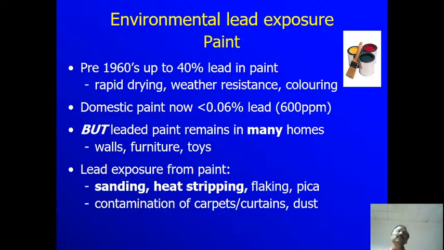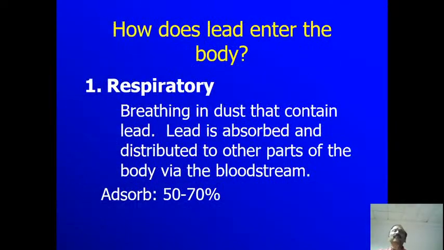Also, those children who are fond of pica, that is eating mud, etc., they can land up with problems. It contaminates the carpets, curtains, dust everywhere. So how can it enter the body? The most important place that it enters the body is through the respiratory tract.